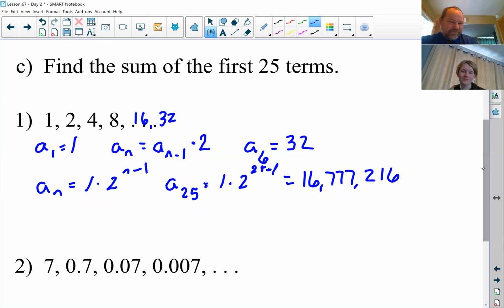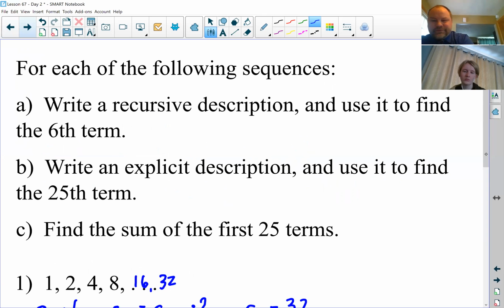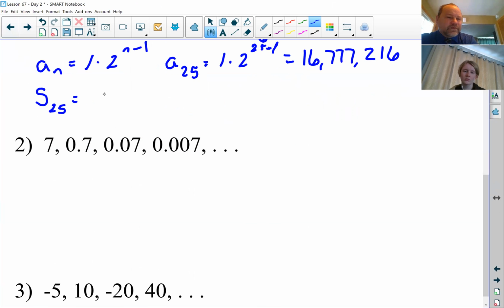And then the sum for the first 25 terms. Again, I'm going to use S for the sum, and I'm going to remind myself and you of what the formula is. It's the first term times the common ratio to the nth power minus 1, divided by the common ratio minus 1. So the first term times the common ratio to the 25th power minus 1, divided by 2 minus 1.